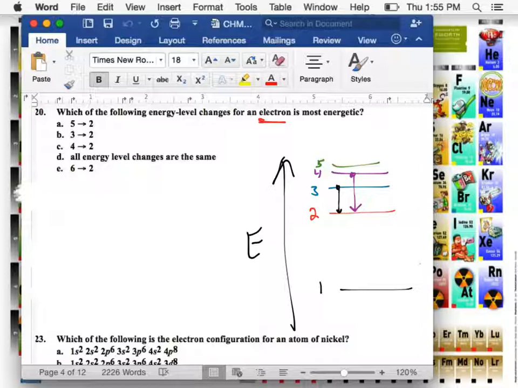It's smaller. 4 to 2 is a bigger jump. What about 5 to 2? It's a bigger jump. What about 6 to 2? It's a bigger jump still. Which is the most energetic? 6 to 2. It's the one that has the largest transition in the energies.